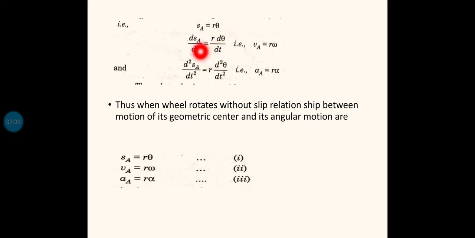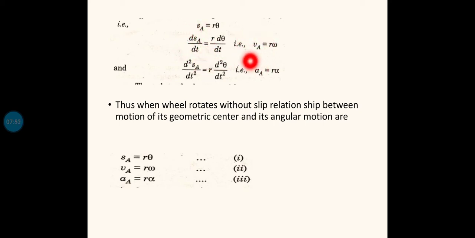Now if you find the derivative of the distance, you will get the velocity. d by dt of displacement is equal to the velocity. So dSA by dt is equal to d by dt of r theta. Since r is constant, it becomes r d theta by dt. This linear displacement per unit time is the linear velocity.